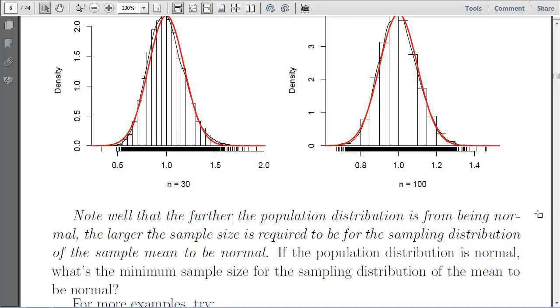Typically, symmetric distributions are going to converge quickly, whereas highly skewed distributions will take large sample sizes before they converge. And all this is important because the t-test procedures that we're going to learn in this chapter require normality of the sampling distribution.